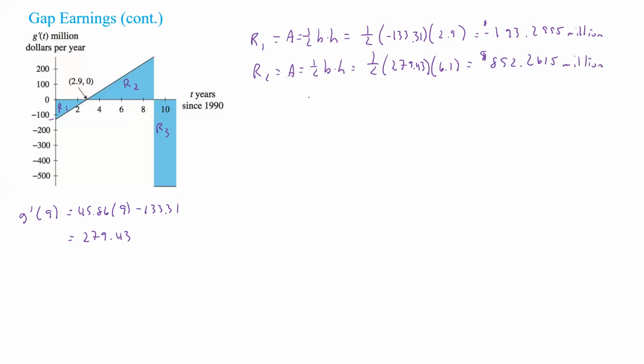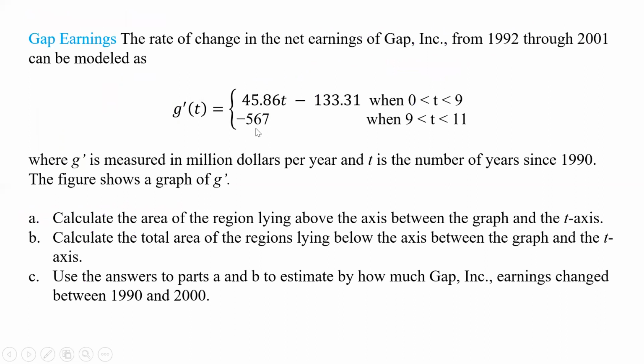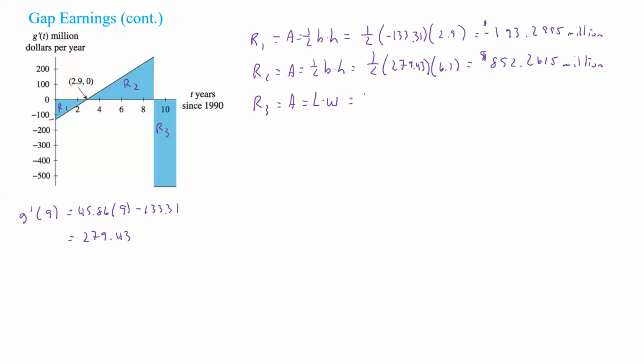Now what do we have? Well, now we have R3. Area here is going to be length times width, whichever one we call length and whichever one we call width. So it looks like this is our value here, the negative 567, times, and we're going from 11 to 9.